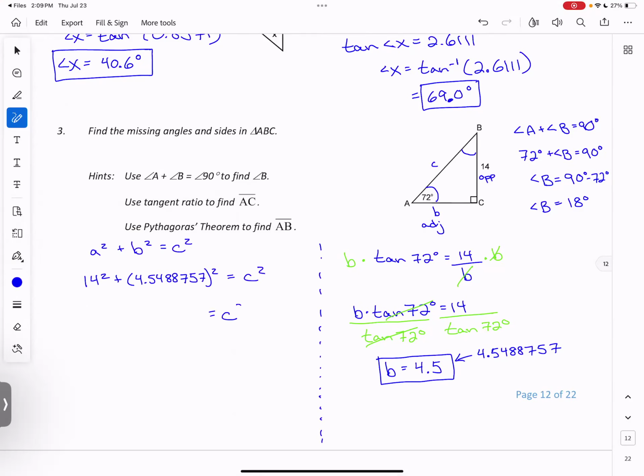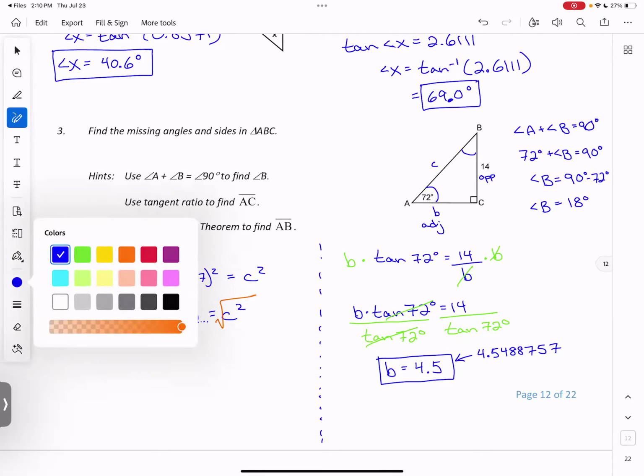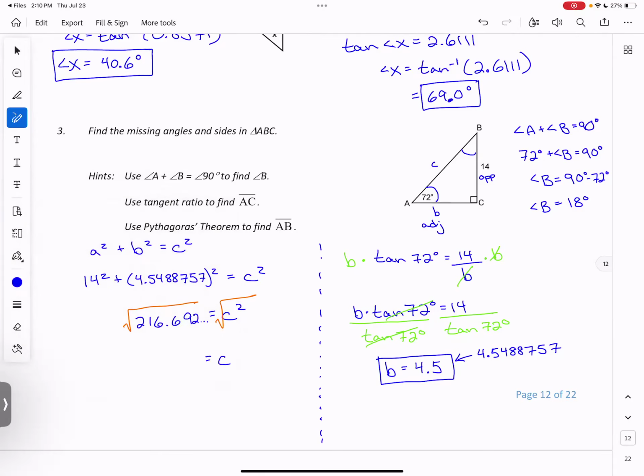On my calculator, I still have that 4.54 number stored, so I'm just going to square that and then add 14 squared to it. And so I get 216.692, and so on. Okay, now we want to square root both sides in order to solve for c. So we square root that answer, and rounded to one decimal place, we get an answer of 14.7.